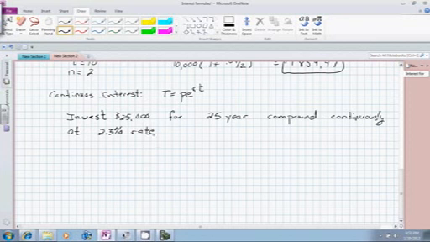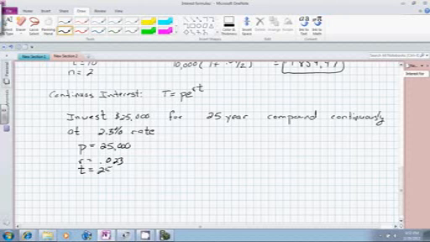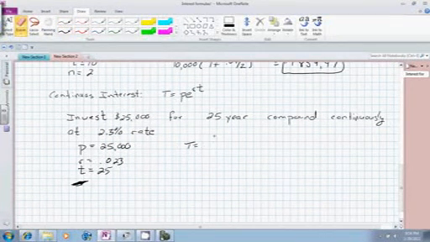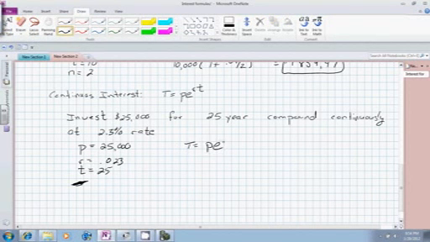My principal is $25,000. My rate is 0.023. Time is 25, and it's compounded continuously, so let me write my formula first. P times E raised to the RT.